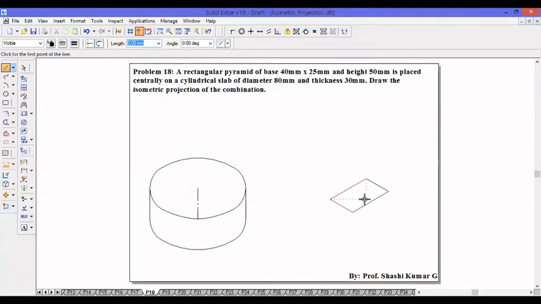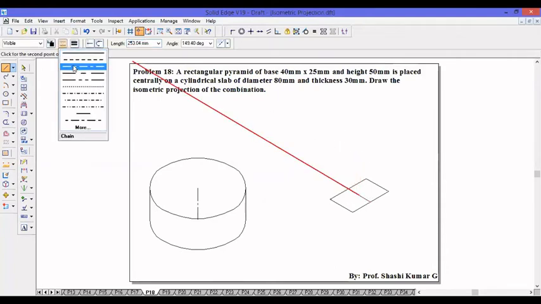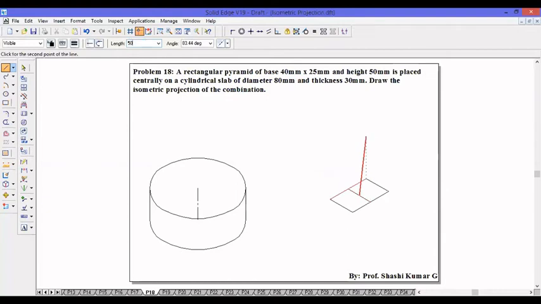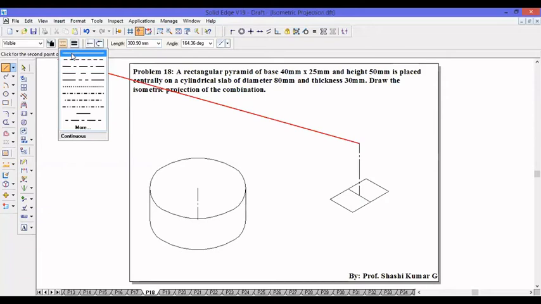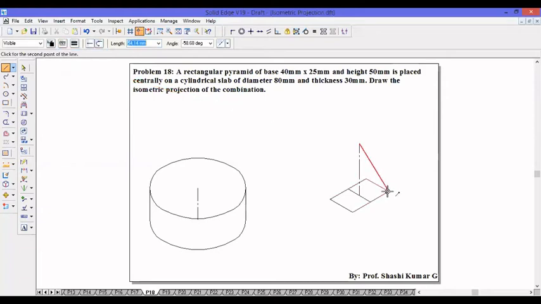Then find the midpoint by joining the opposite midpoints. If we join these two opposite midpoints, the midpoint of this line will be the center. Go for axis line and measure the height 50 mm at 90 degree. From that apex, the vertex is joined to all the corresponding corners.